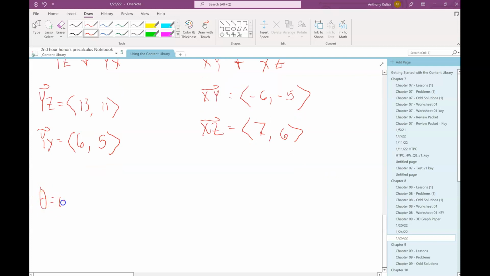So the angle between these two vectors is going to be the dot product of the two vectors divided by the magnitude of the first vector times the magnitude of the second vector.